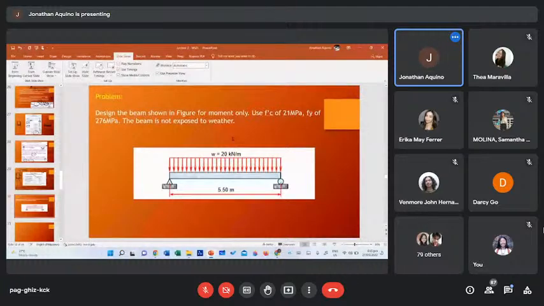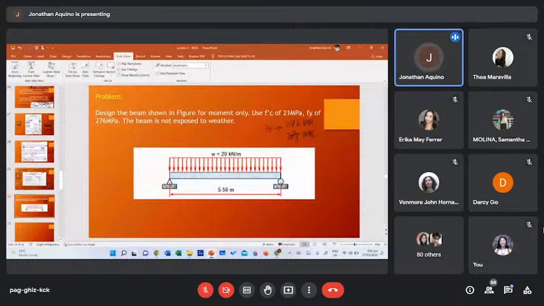So in some other books for grade 40, makikita nyo 276 or 275. So any will do. So as long as it is grade 40, you can use either 276 or 275 megapascal.